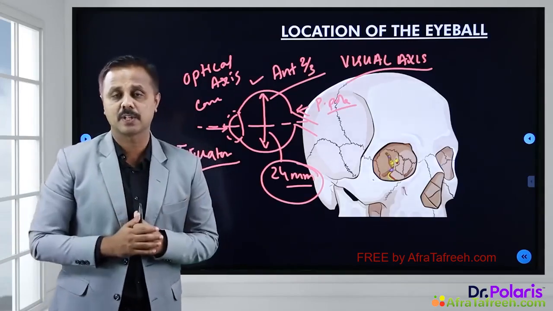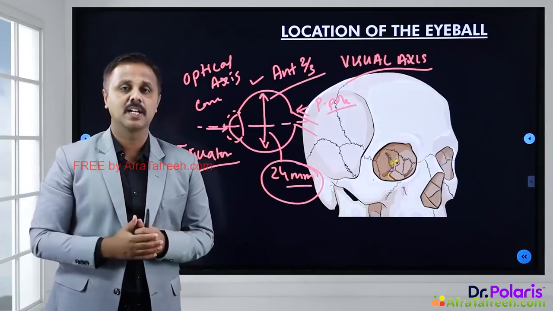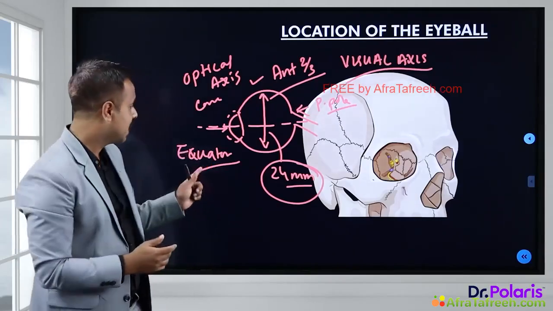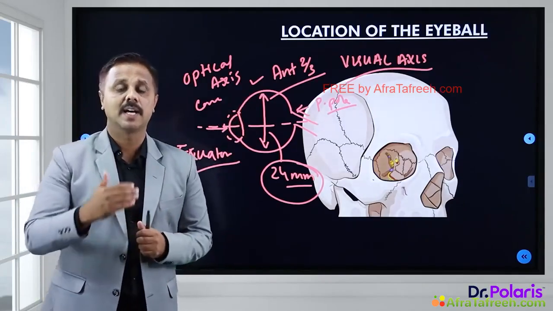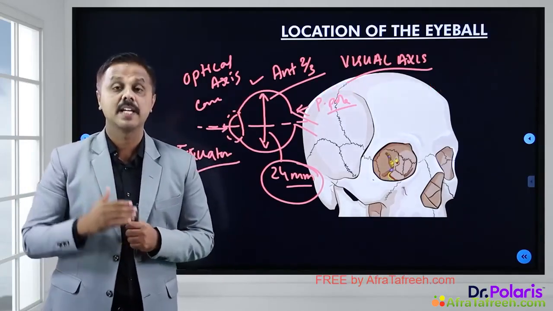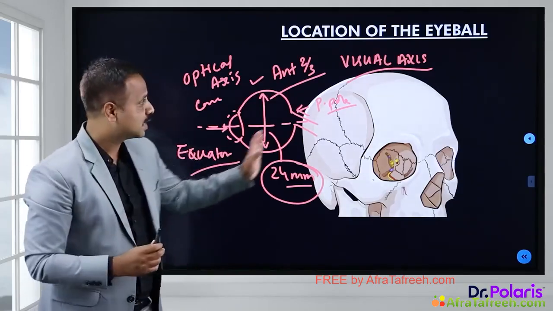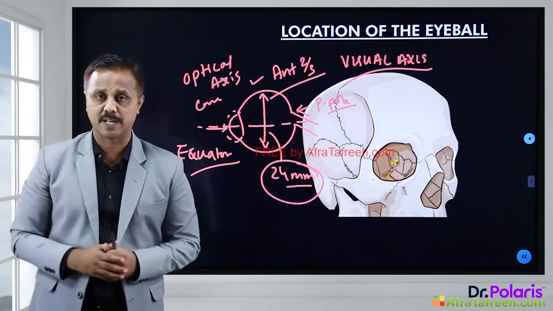In the topic of extraocular muscles, you will learn that the recti get inserted in front of the equator and the obliques get attached behind the equator. So remember, the equator is any plane that would divide your entire eyeball into an equal anterior half and posterior half. Right? This is some of the basic things regarding the eyeball and its location.